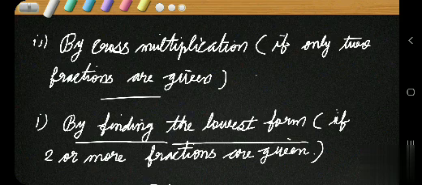So, for checking whether the given fractions are equivalent or not, there exist two methods. First one is by finding the lowest form. This method can be applied if any number of fractions are given. Two or more means any number of fractions.